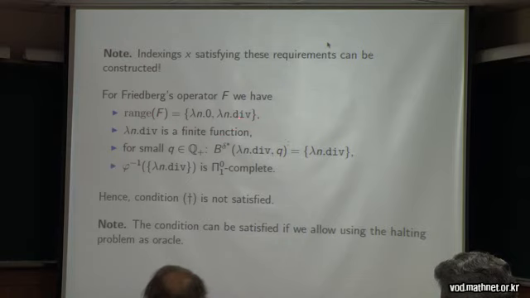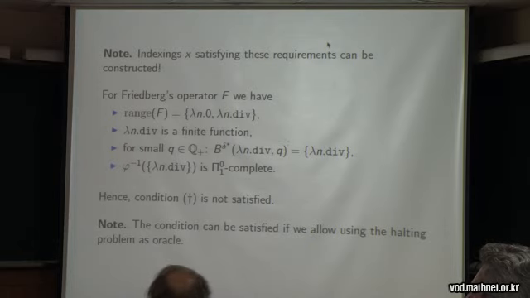So this function is of course a finite function, and in the topology with respect to the conjugate metric this set is open. So there is a small rational number such that there is a ball around this function which contains only this function.